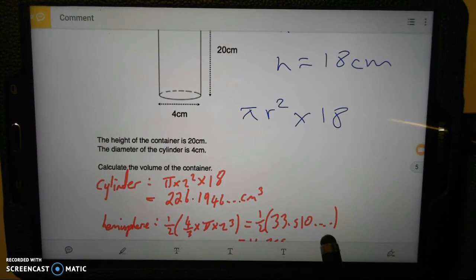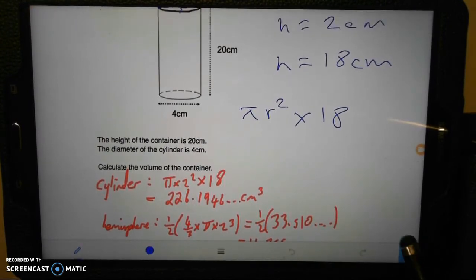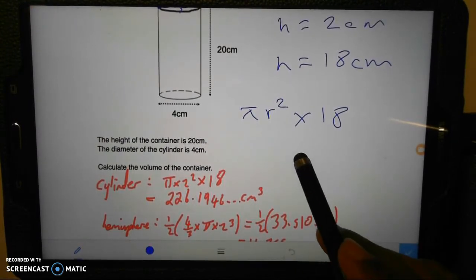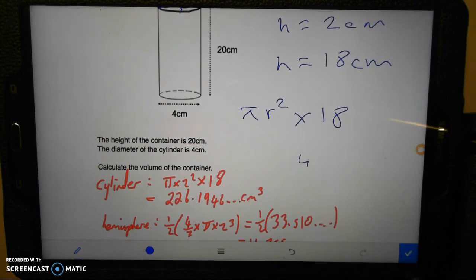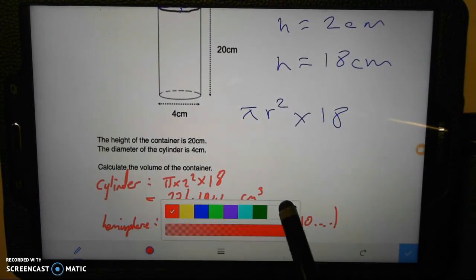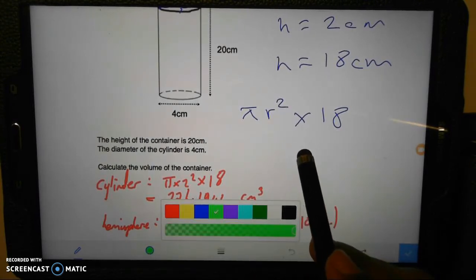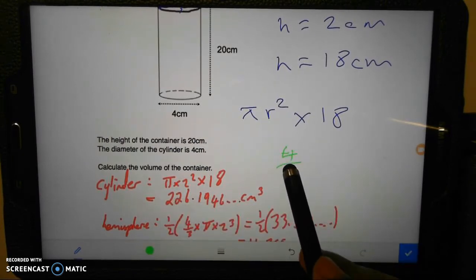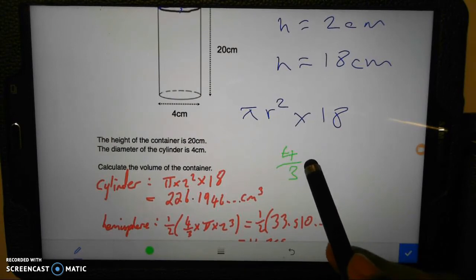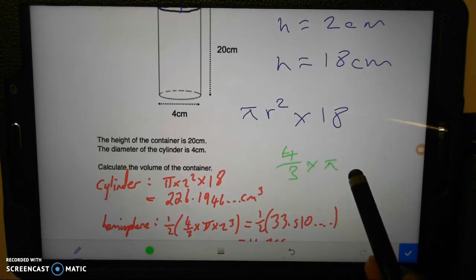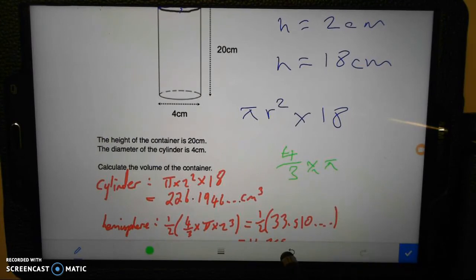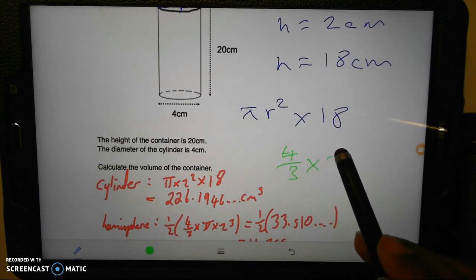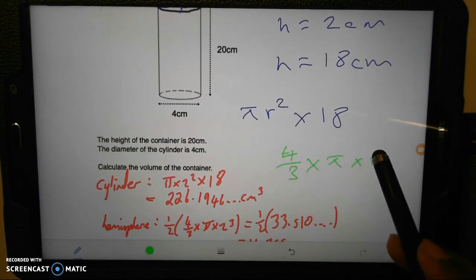Now the hemisphere. Remember, the formula for the volume of a sphere is 4 over 3 times pi times r cubed.